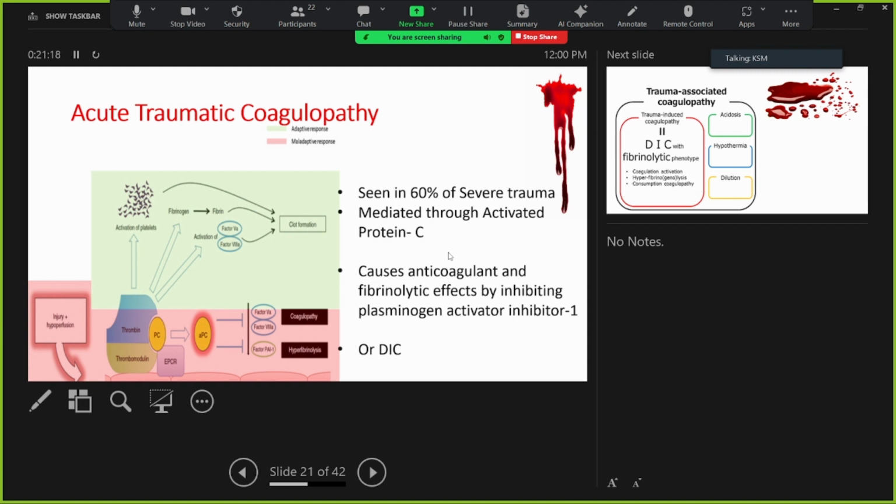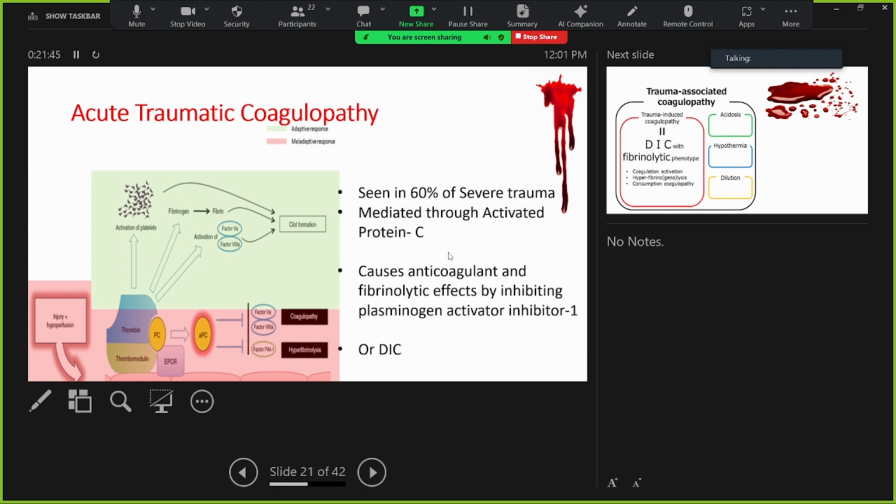low blood pressure. There are two ways they describe this. One is mediated through the activated protein C, which has anticoagulant and fibrinolytic activities by inhibiting plasminogen activator inhibitor 1. And others think that it is activated through a disseminated intravascular coagulation sort of phenomenon.